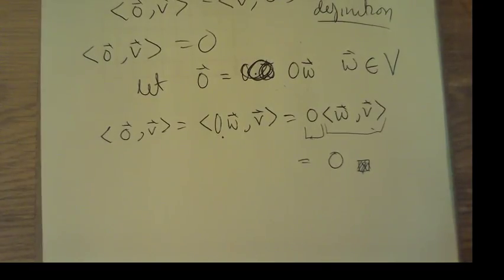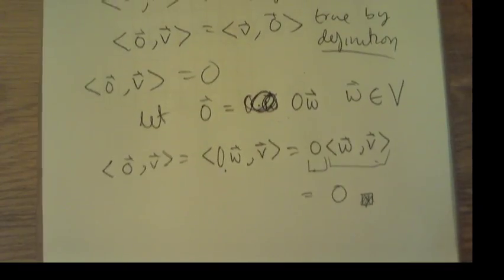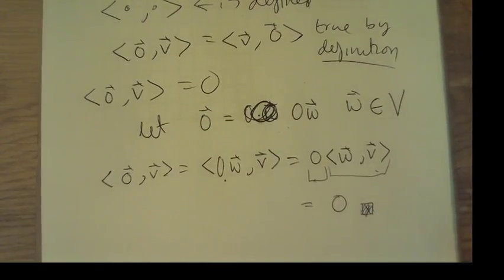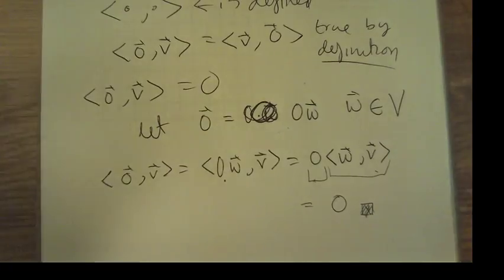V is any vector, right? We're not assuming V is the 0 vector. V can be any vector. Okay. All right. So we're good from here. Let's look at 13.